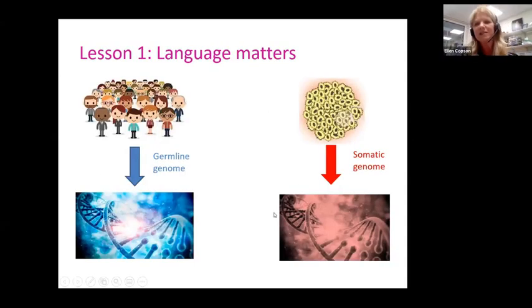Okay, so this is lesson one for you. Language really matters, because if you're talking about genetic testing or genomic testing, it's really unlikely that the patient in front of you understands what you are talking about unless you explain it a bit to them.